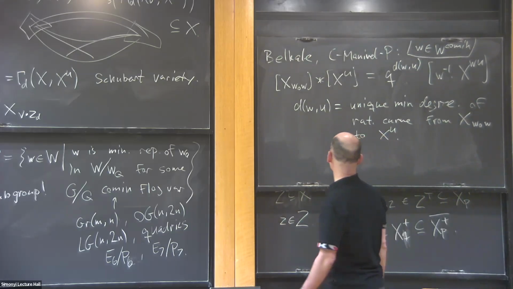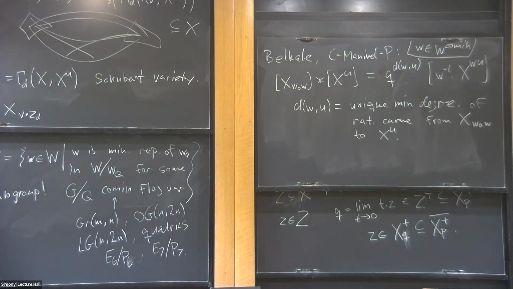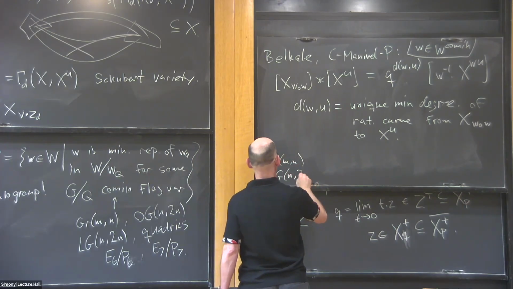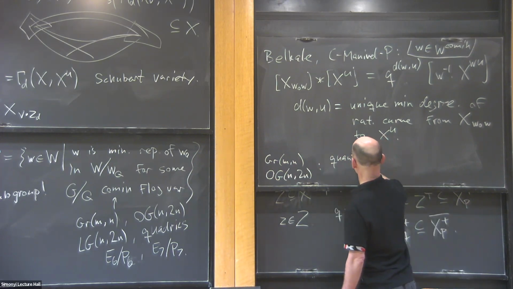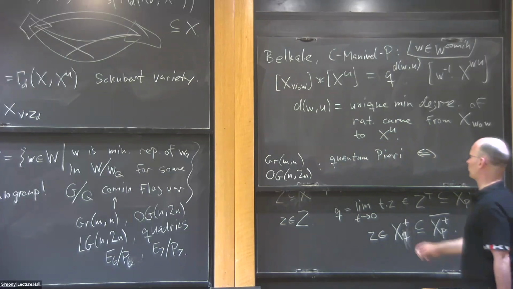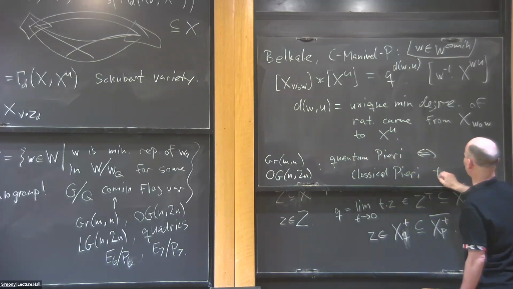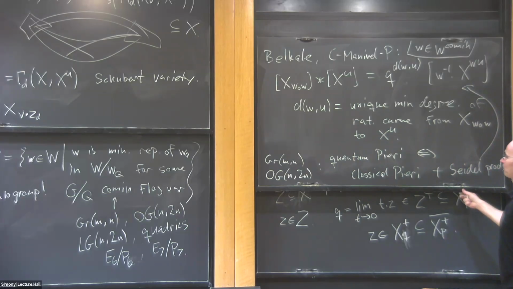The relevance of this is when you have a minuscule flag variety, that's mostly a Grassmannian of type A and a maximal orthogonal Grassmannian. Then having a quantum Pieri formula is equivalent to having a classical Pieri formula crossed with this Seidel multiplication formula on this product here.